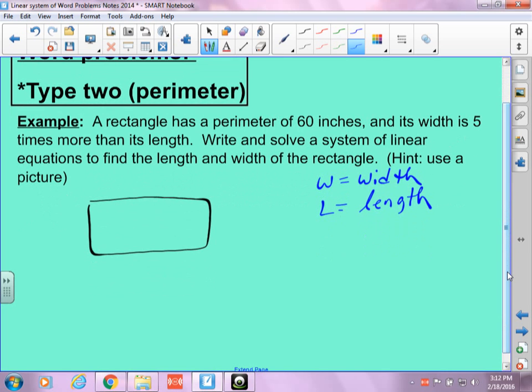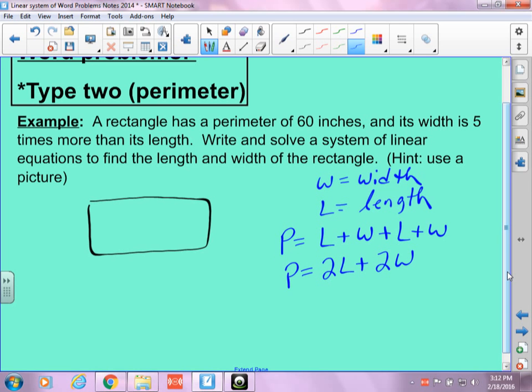Now I'm going to come up with 2 equations. One equation is always the one we use for perimeter. It's P equals length plus width plus length plus W. Now you could also use P equals 2L plus 2W. They are the same equation.